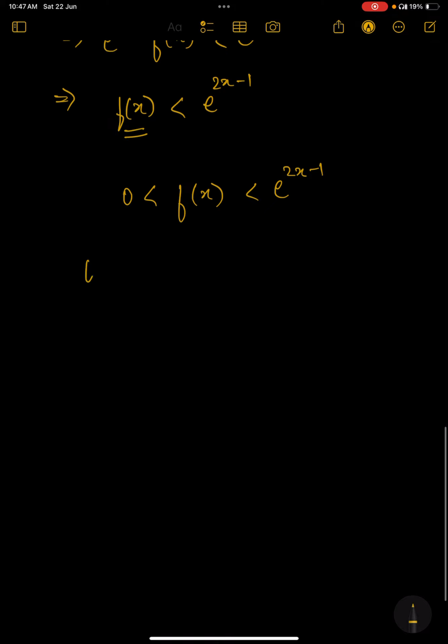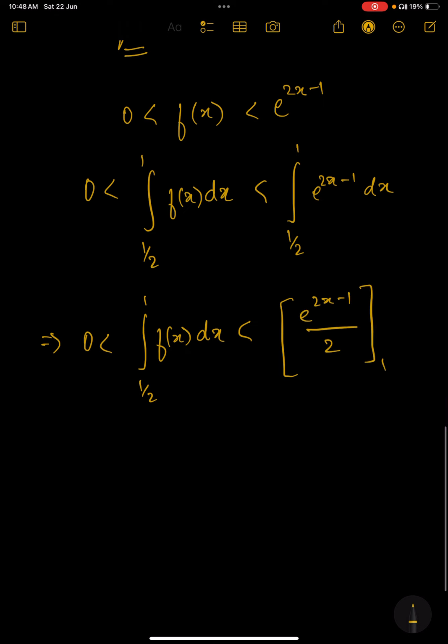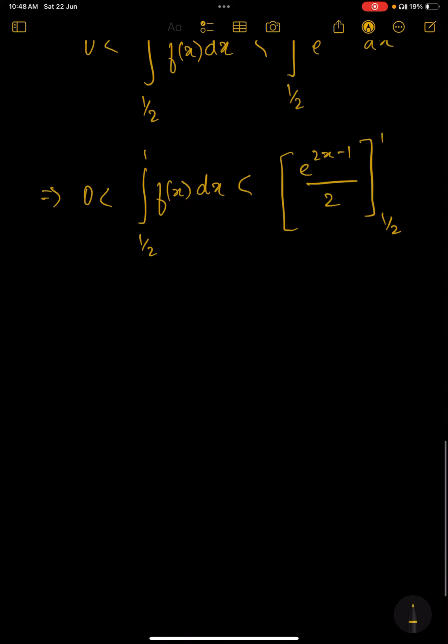Now the question asks me to find the integral from 1/2 to 1 of f(x) dx. The problem is now very straightforward from here on. Solving this integral, we have the integral from 1/2 to 1 of f(x) dx less than e to the power 2x minus 1, divided by 2, over the range 1/2 to 1.